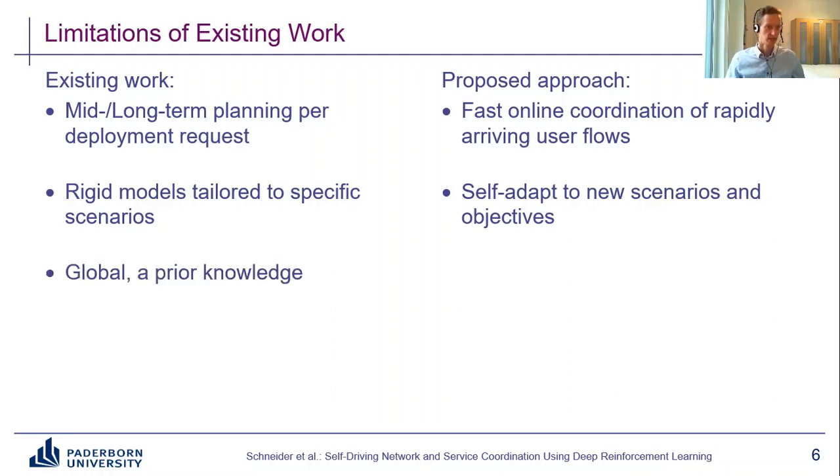And then lastly, a big limitation of a lot of existing work is the assumption of global, sometimes even up to a priori knowledge of the complete network state. And that's, of course, not realistic in large-scale practical scenarios.